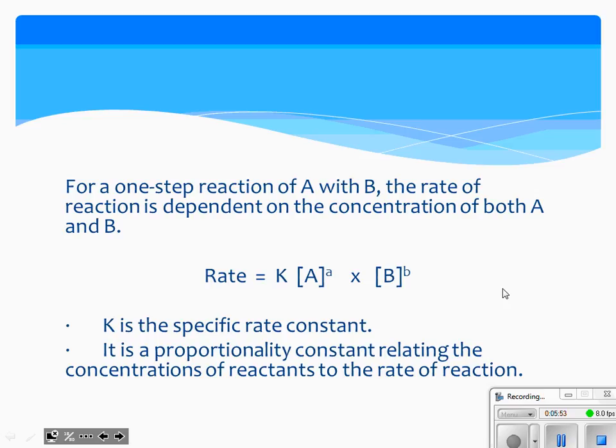So K is the specific rate constant. It is a proportional constant relating the concentrations of the reactants to the rate of the reaction.